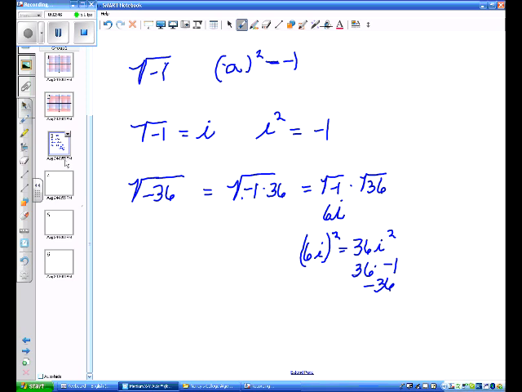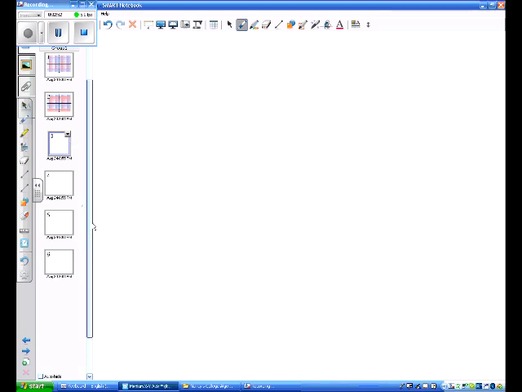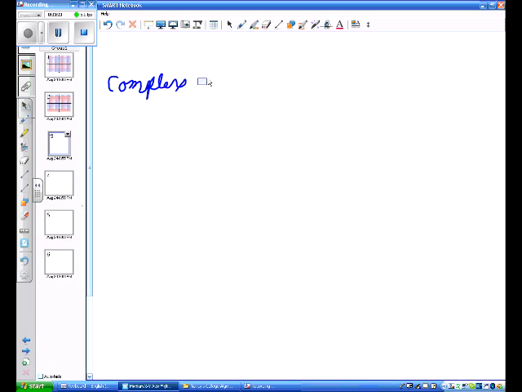Now let's look at our definition of a complex number. Our complex numbers are any number that can be written in the form of a plus bi.